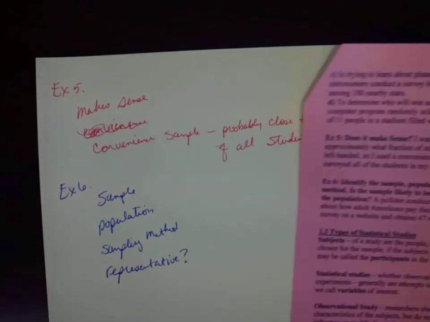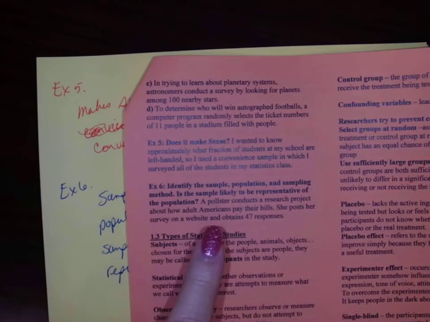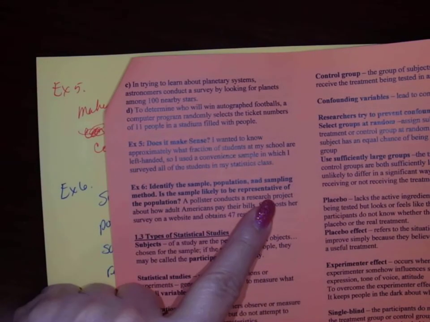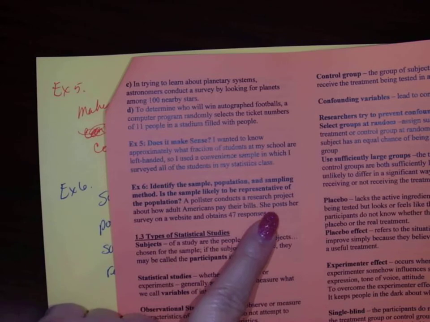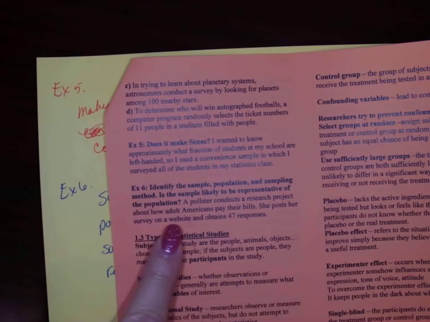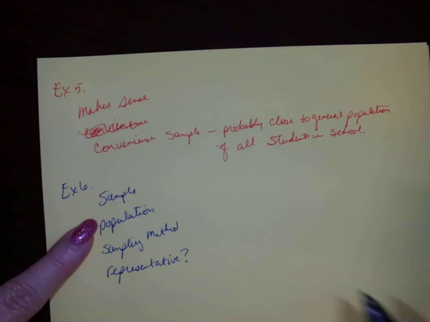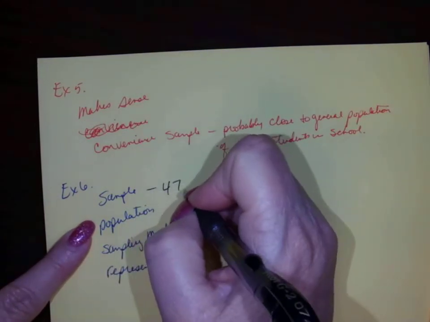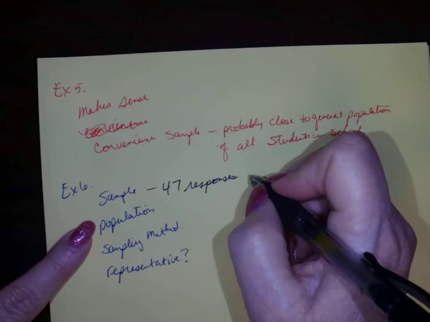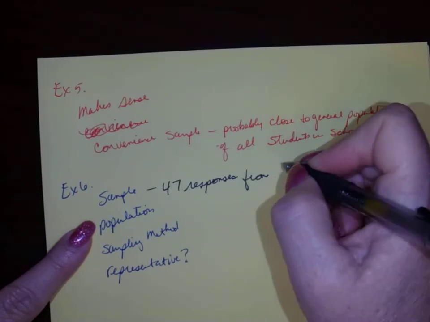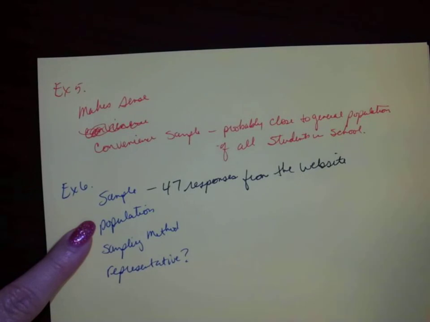All right, so let's go look at what's going on in our survey here. A pollster conducts a research project about how adult Americans pay their bills. She posts her survey on a website and obtains 47 responses. Well, the 47 responses are going to be our sample, from the website, right?